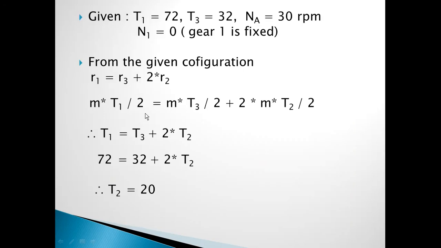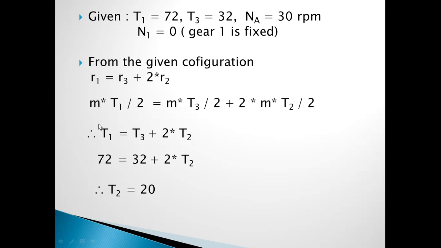We can write the radii in terms of teeth with the help of mt by 2 formula: for radius 1, mt1 by 2, for radius 3, mt3 by 2, and for radius 2, 2 times mt2 by 2.